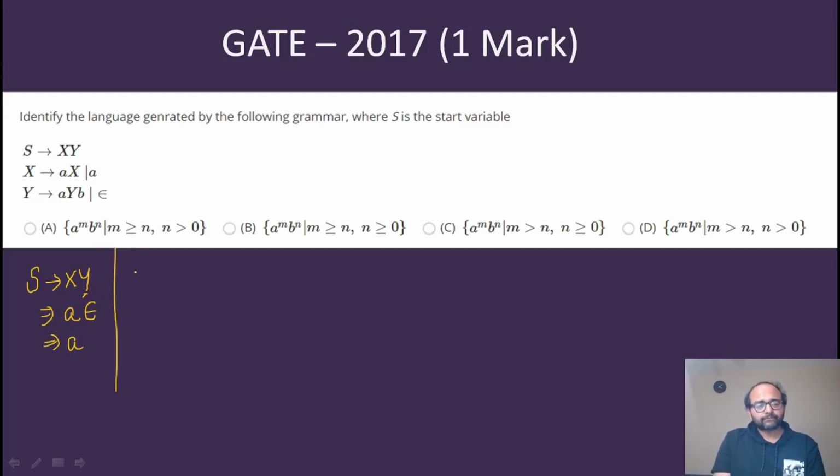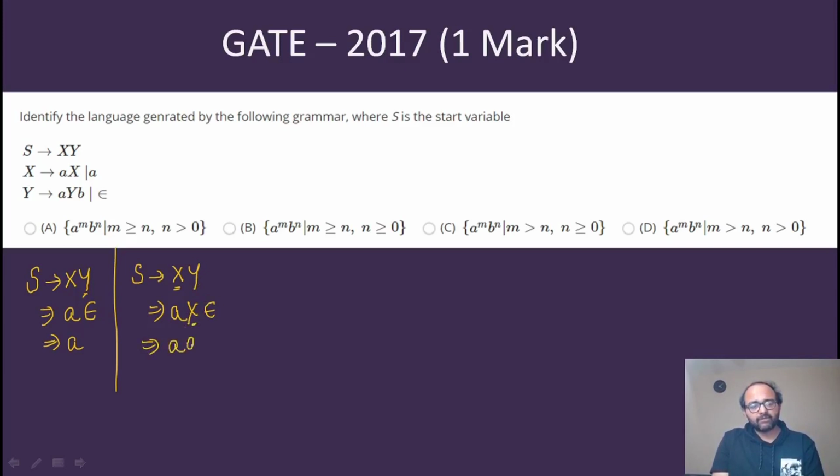Now consider another one. S tends to XY. Here in X I will substitute aX, and Y can be replaced with epsilon, and this X can be replaced with a.